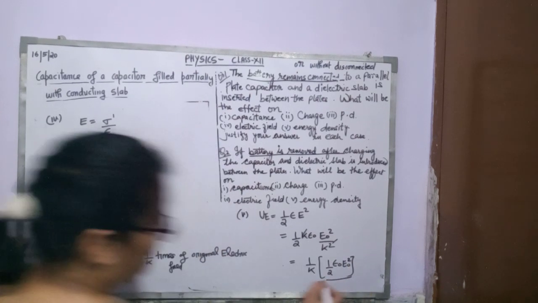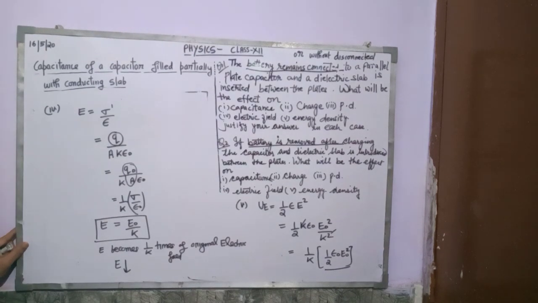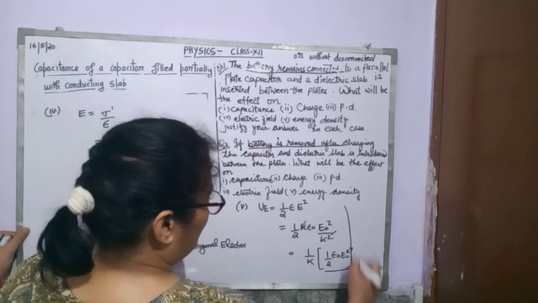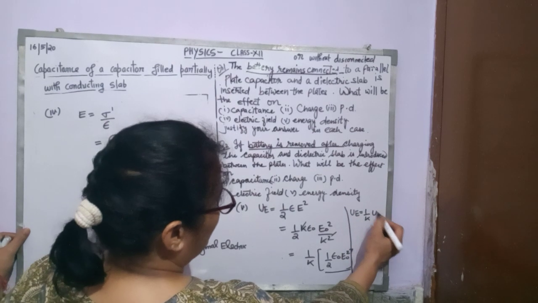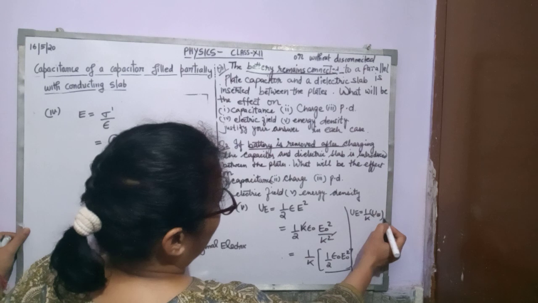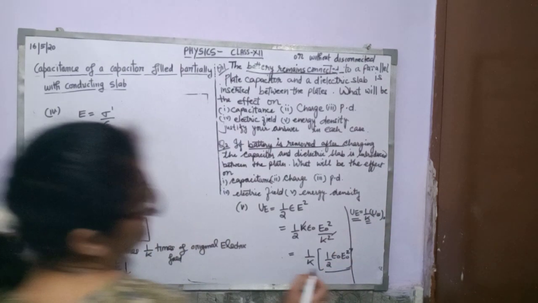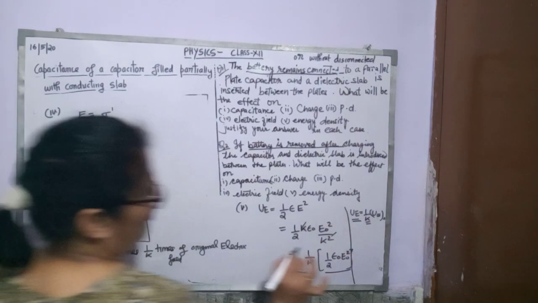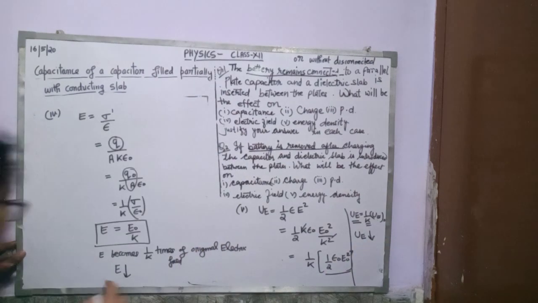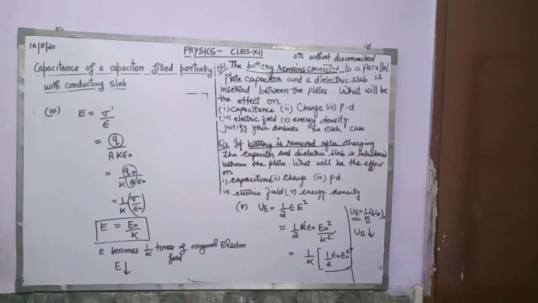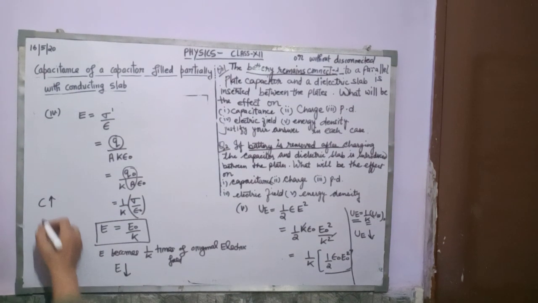And what is this one? This one is the energy density when no dielectric slab is introduced between the plates. You can see here UE is equal to 1 upon K times UE naught. That means energy density becomes 1 upon K times of its original value. And you can say UE also decreases. Here E decreases, here UE decreases, but C increases. V also decreases.